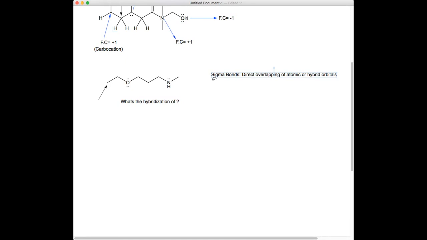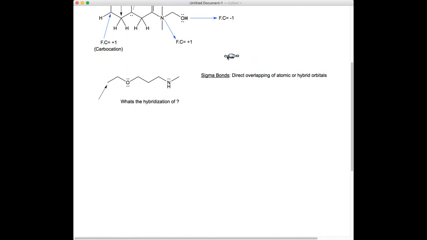So that's the definition, guys, of a sigma bond, and I'm going to show you over here because it's so important that you really know it. Once again, I don't want you to memorize anything; I just want you to really understand what it is. Let's say this is a hybrid orbital, and we have another hybrid orbital here. When these two hybrid orbitals form a sigma bond, it's a direct overlapping of two hybrid orbitals, okay?